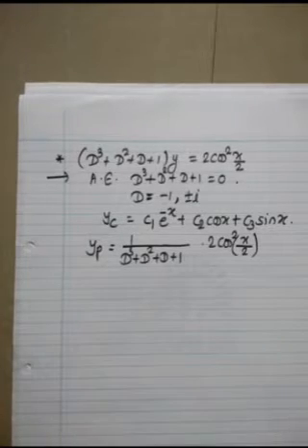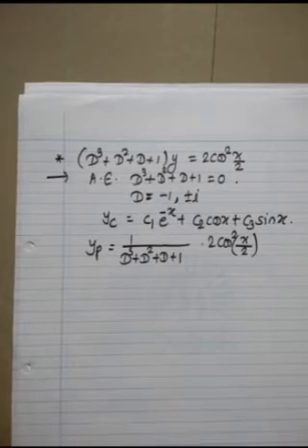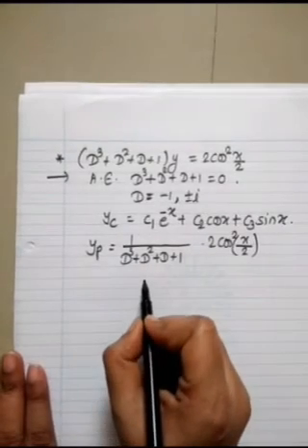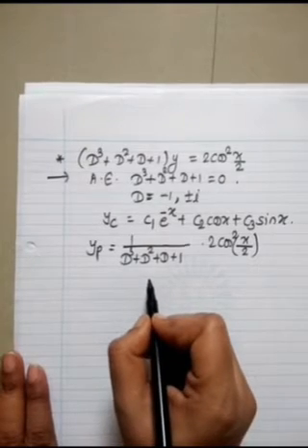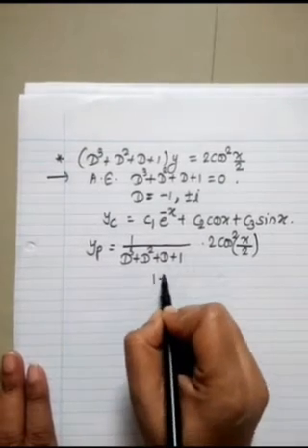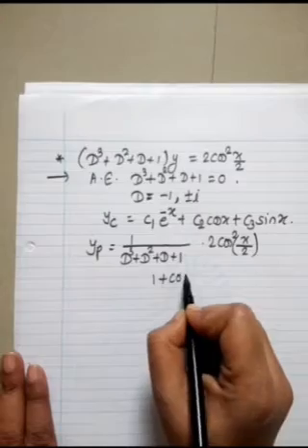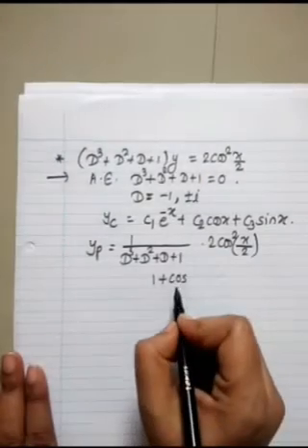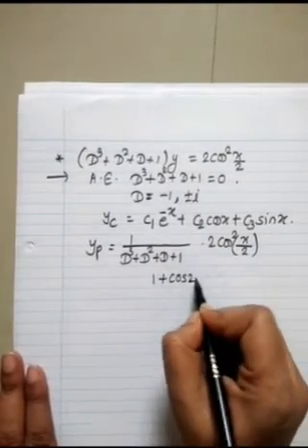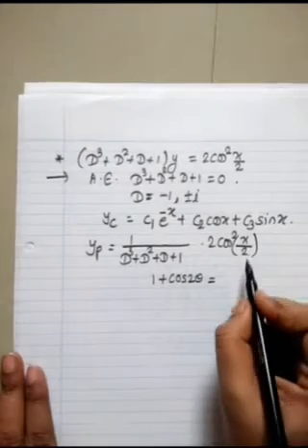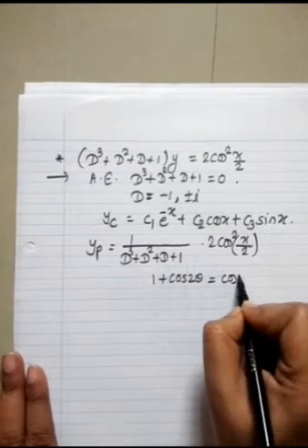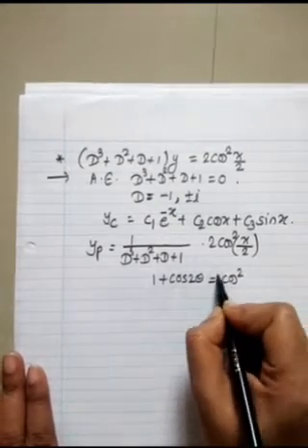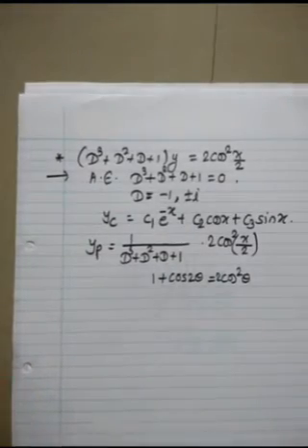Is there any such formula? Tell me the formula first. 1 plus cos 2 theta is equal to 2 cos square theta.